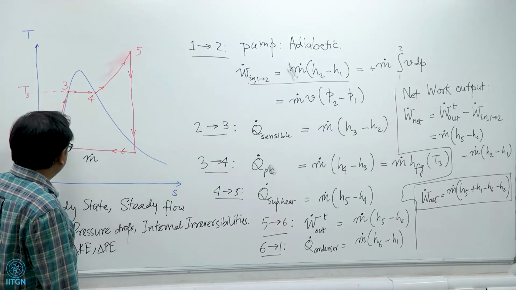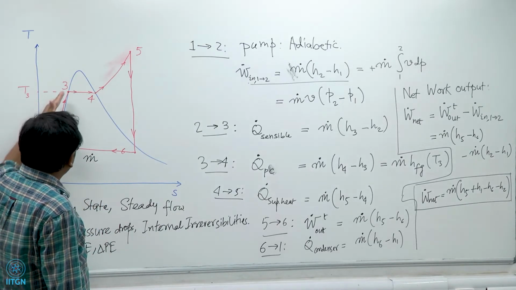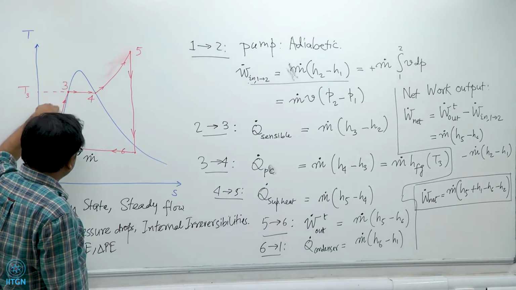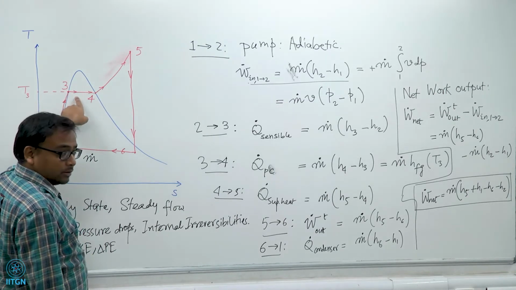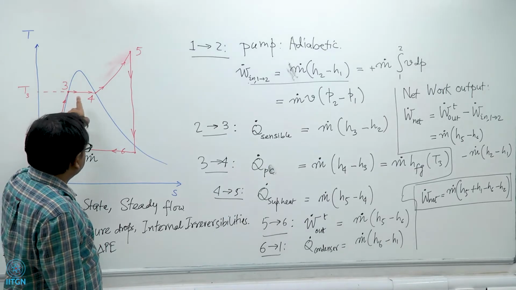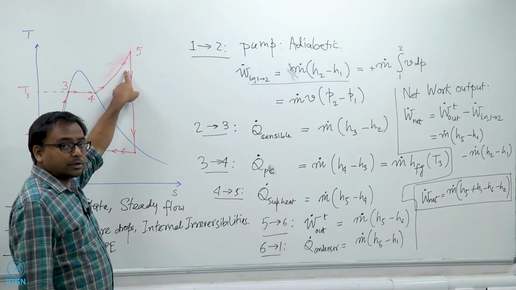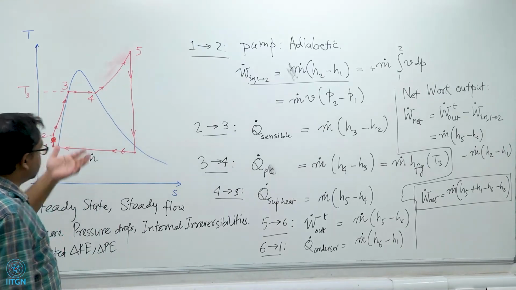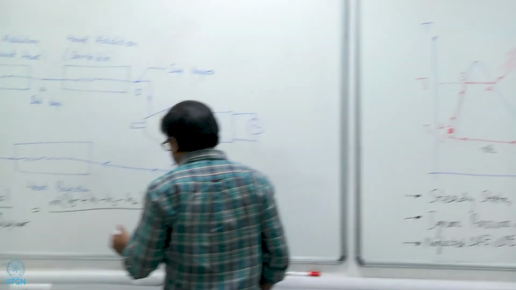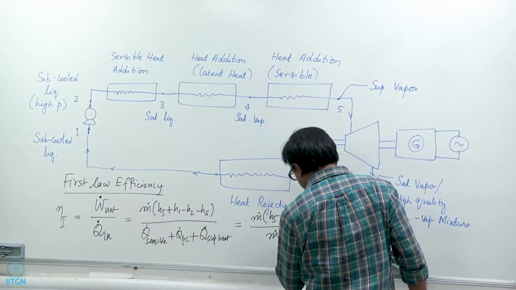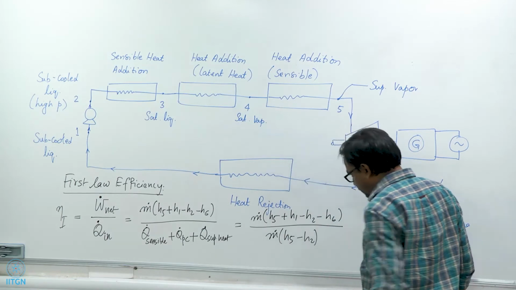So, the same saturated hot water that is exiting the first heater is entering the boiler, and the same steam that is exiting the boiler is entering the superheater, which is why the mass flow rate remains the same. And so, if you add these up, you will get m dot times H5 minus H2.